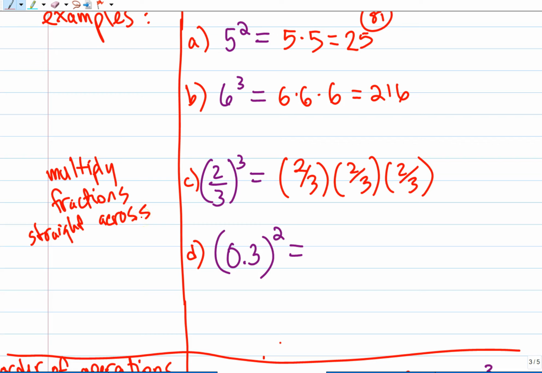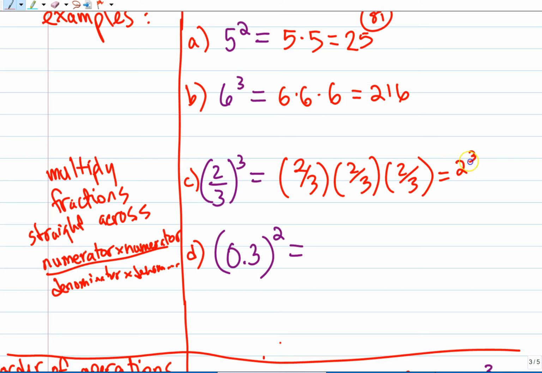We multiply the numerator with the numerator, and we multiply the denominator times the denominator. Alright. So on the top, we end up with 2 times 2 times 2, or 2 cubed. Over on the bottom, 3 times 3 times 3, or 3 cubed.